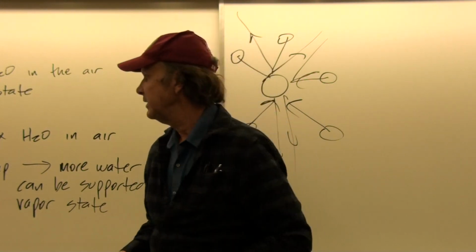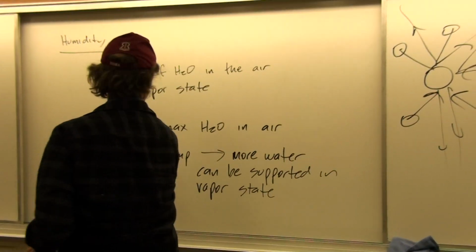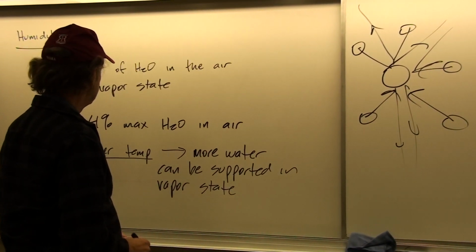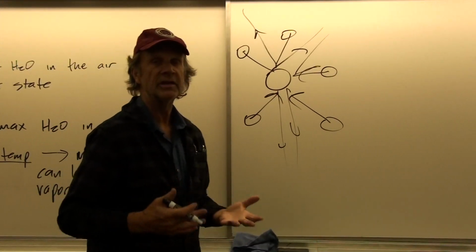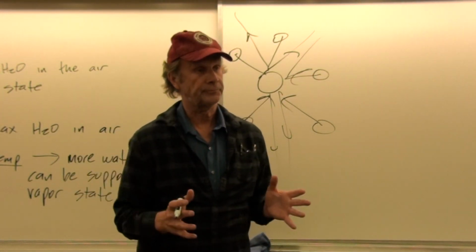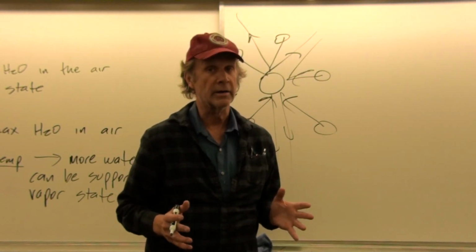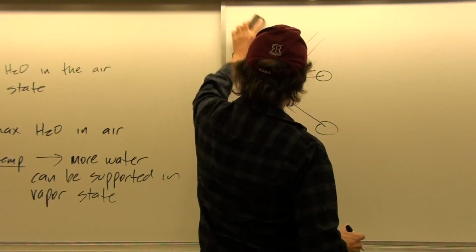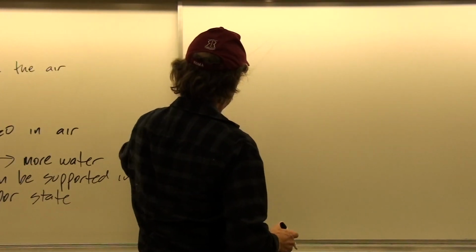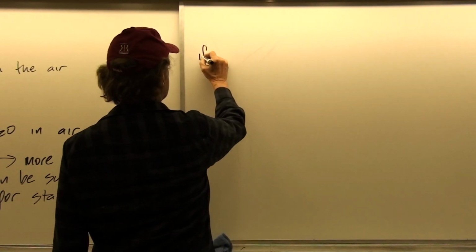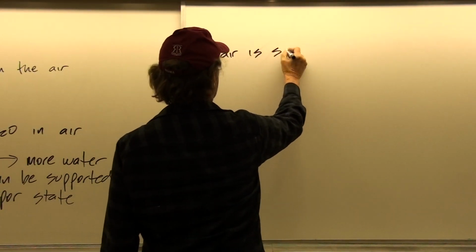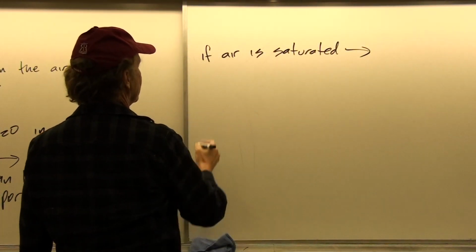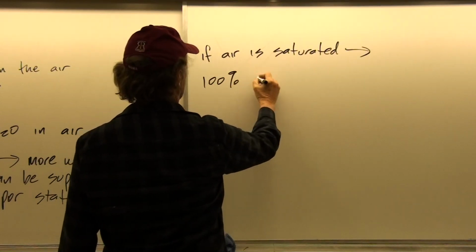Okay? And so we see that there is a temperature dependence on the maximum amount of water that can be supported in the vapor state. But you can get something like 4% of the mass of the air can be water under certain conditions. And so if you reach that point where the air is saturated, then at that point, you're at what's called 100% relative humidity.